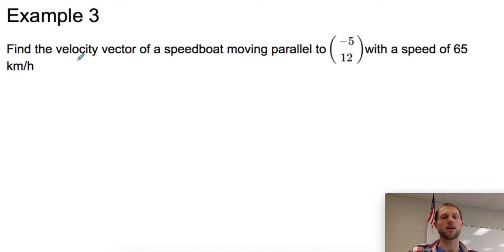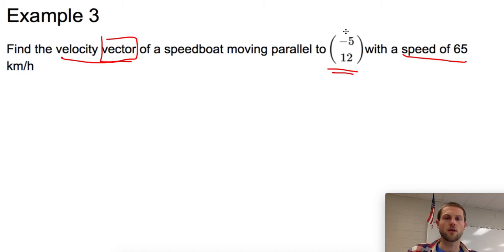Here I want to find a velocity vector. It's not given to me this time, of a speedboat, and it's moving parallel to <-5, 12>, and I have a speed of 65 kilometers an hour. So I want a velocity vector.